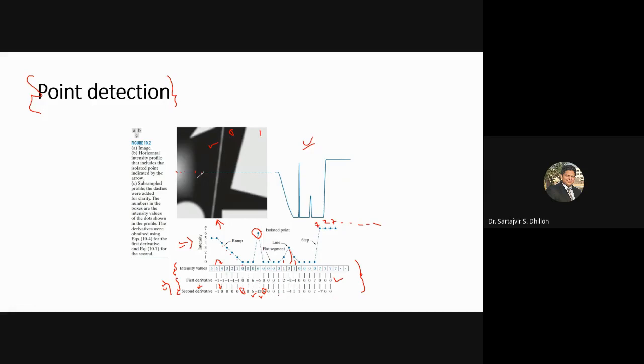In a similar trend it will go further, and here you can see that in the second derivative, -7 is present. Why is it present? Because it is reduced or increased from 0 to 1 or 1 to 0, meaning higher intensity to lower intensity and lower to higher intensity.